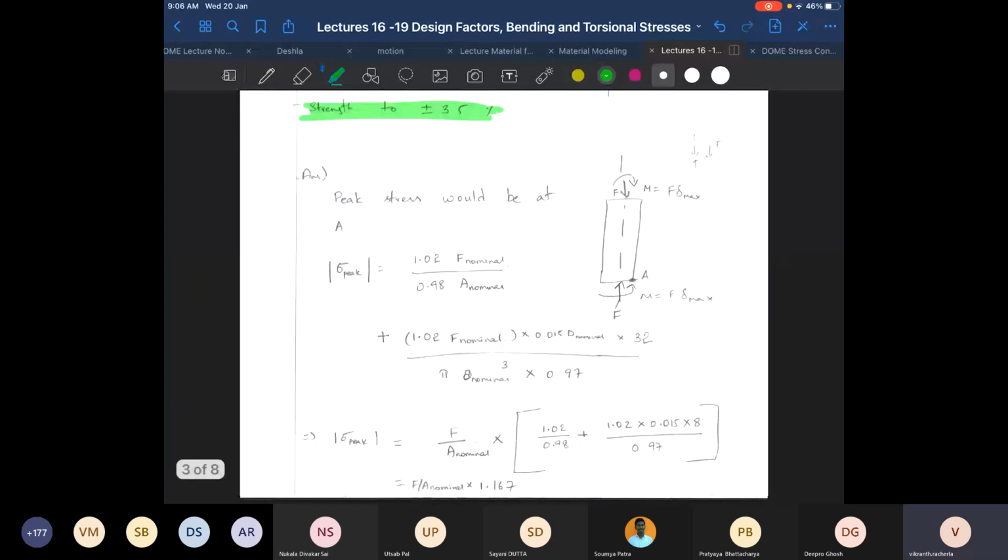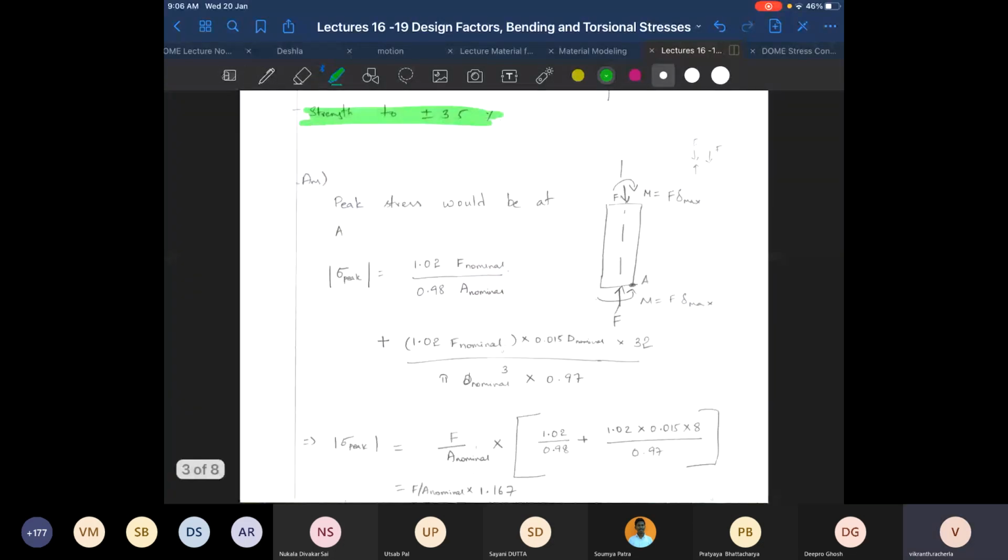Based on whatever information is given, you can show, and you can do this as an assignment, that the maximum compressive stress will be equal to the applied load F divided by A nominal times 1.167. I won't go through all the details. There is always this concept of nominal strength, nominal stress that we use.